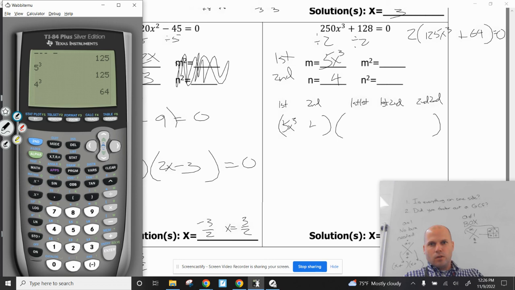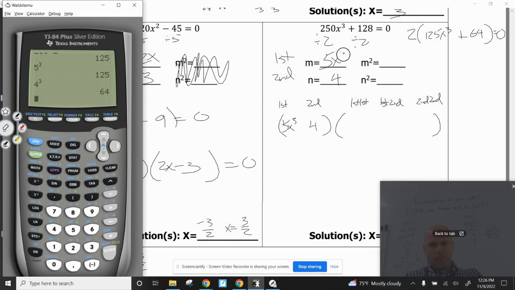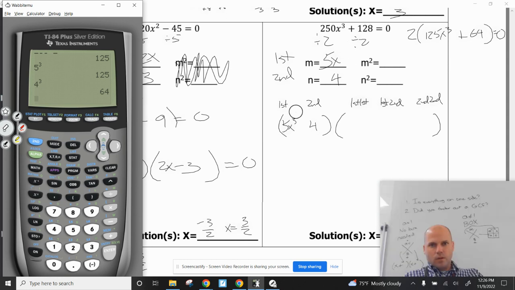First, second. First times first. Oops, not x cubed. It's just x. Sorry. 5x times 5x times 5x is 125x cubed. Okay. First, second. First times first. 5x times 5x is 25x squared.